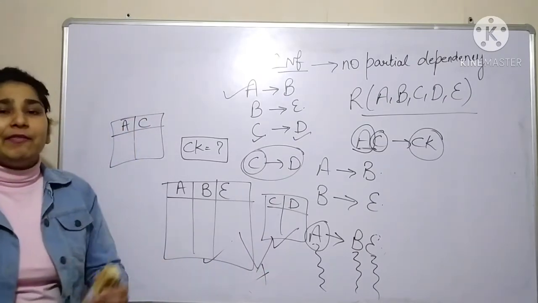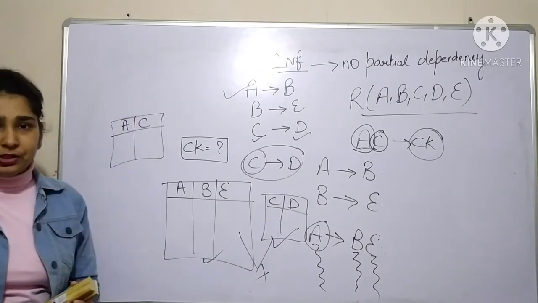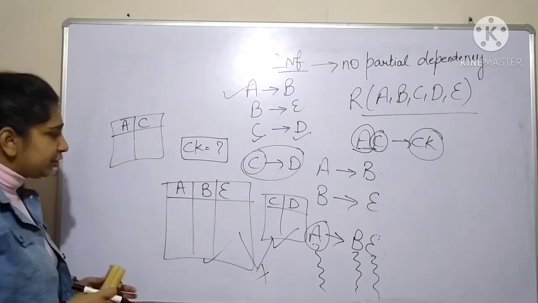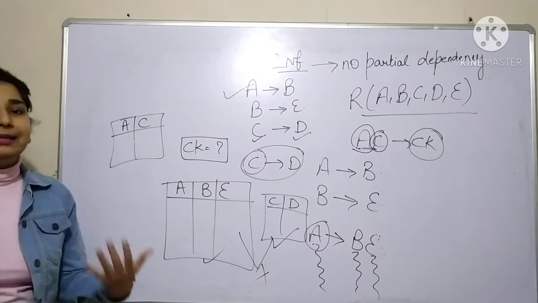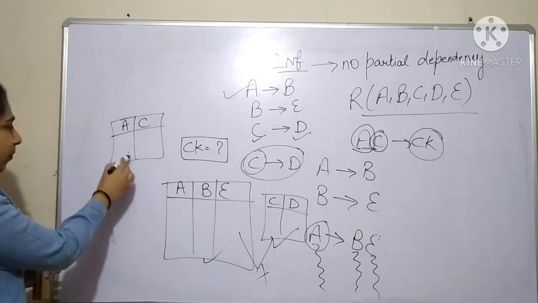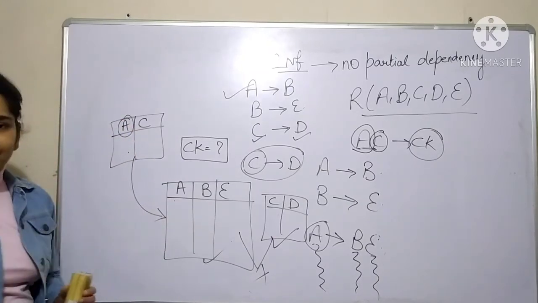If they don't have any common attribute, then you cannot join these two relations. So we are making one separate relation for A and C, which is acting like our candidate key. With the help of A attribute, we can join these two tables.